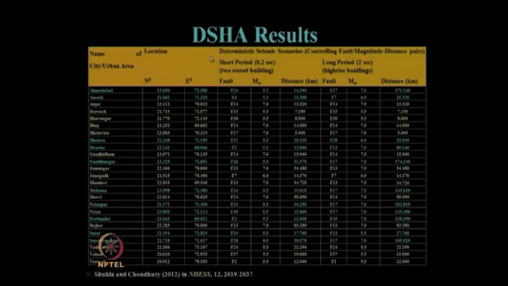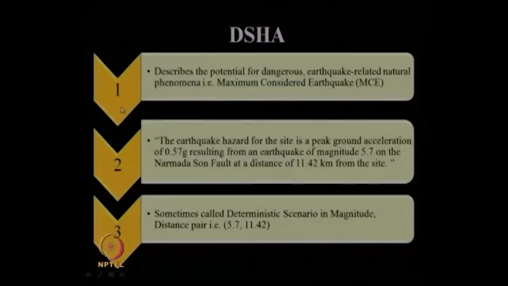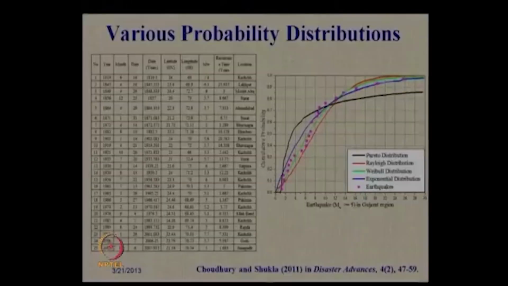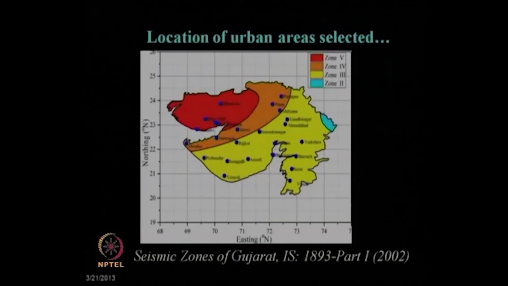Which is again another validation one can easily say after obtaining this deterministic seismic hazard result. We already have the very well documented and well known 2001 Bhuj earthquake. In the Bhuj earthquake, the Bhuj city, the epicenter of the earthquake, was far away from Ahmedabad, which is actually in mainland Gujarat region. If we go back to the Gujarat map, Bhuj is somewhere here, as you can see over here, whereas Ahmedabad is here.